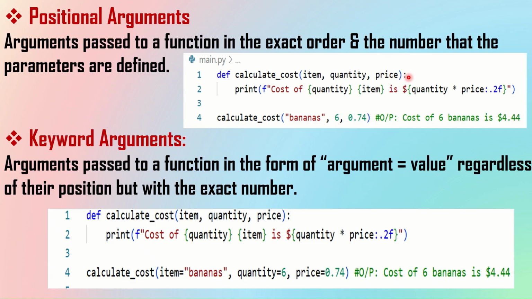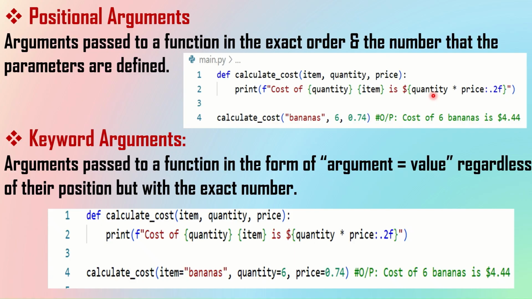Inside this function definition, I want to do some calculation. In place of item, quantity will replace. Whenever I calculate the cost, quantity times price, the quantity should be the number 6 here, but when I make the function call, in place of quantity, bananas will go. So this calculation comes out wrong, right?